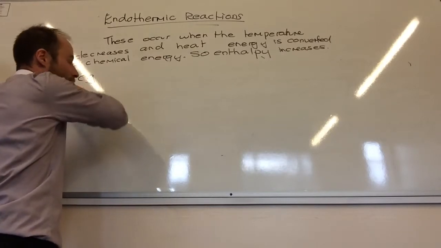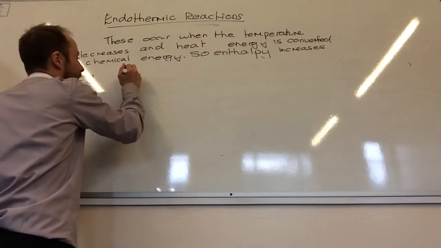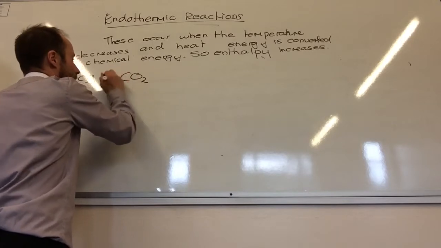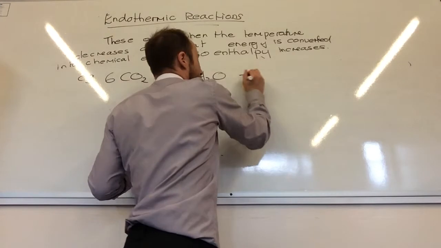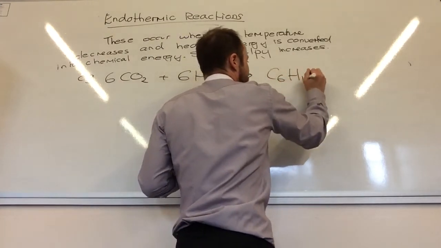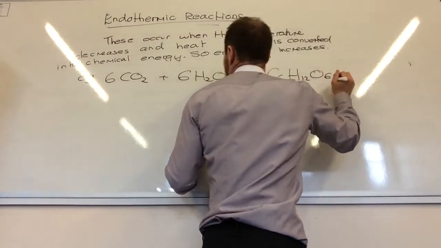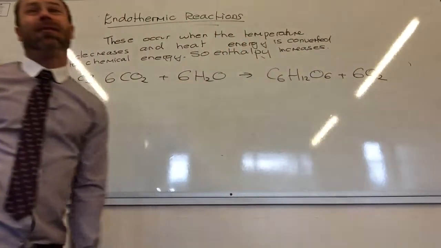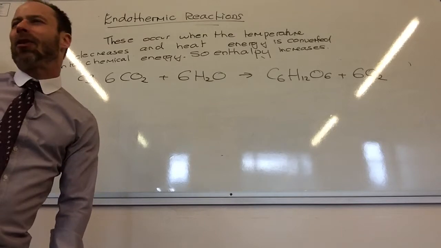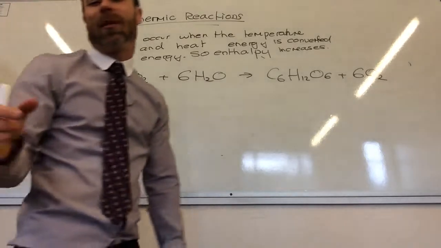So an example is going to be carbon dioxide plus water goes to glucose plus oxygen. You've got to remember an example of an exothermic and an example of an endothermic reaction.